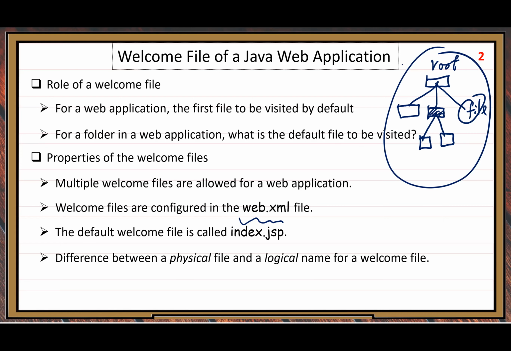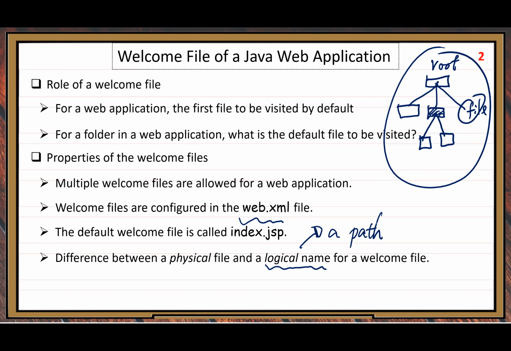Physical file, you can see it. Logical name, you have a name for it. Let me talk about logical name. A logical name usually corresponds to a path. I think you know the path: starting from root slash, subfolder slash, subfolder, then file name.